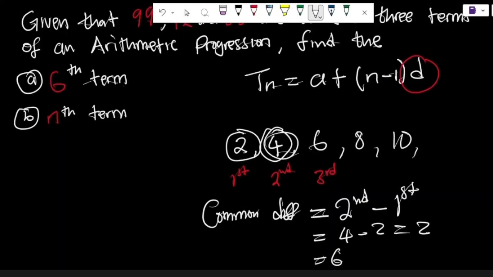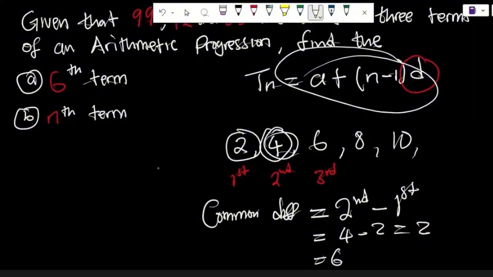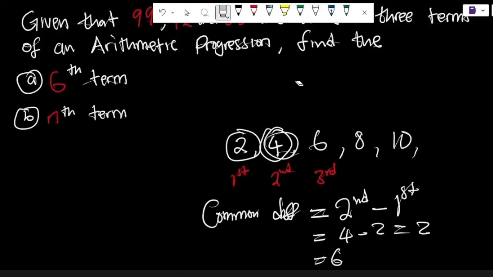Now, we can try to find, let's say, the 20th term or the 50th term, and that is going to be quite hard for us if we just keep on adding the common differences. This is where we have this particular formula, which helps us deal with problems like that, finding the nth term. Maybe it is the 20th term, the 30th term, or the 50th term. So with this in mind, we can now deal with this particular problem.